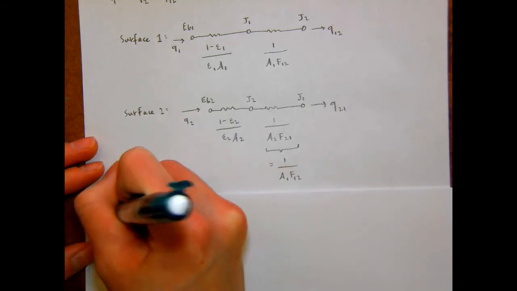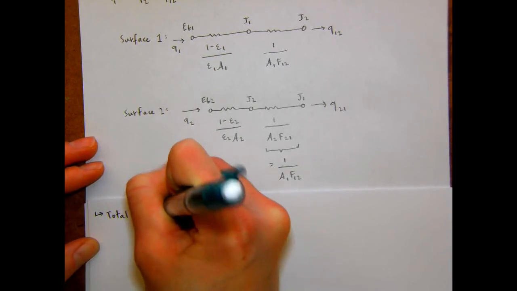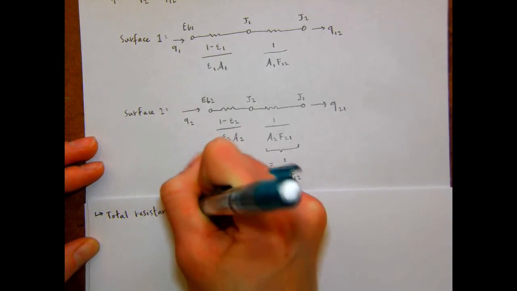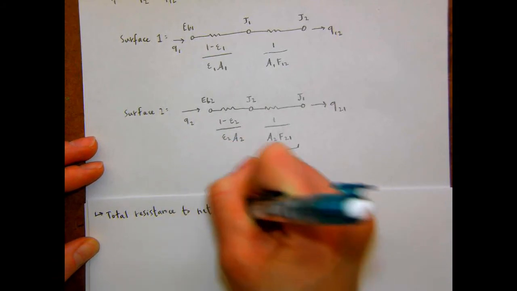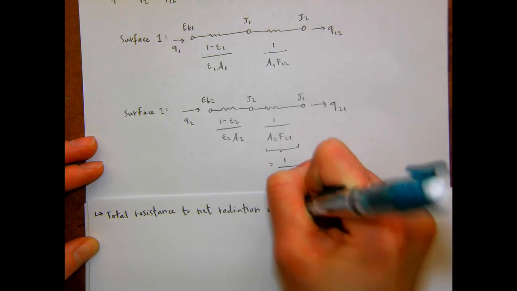So now we can say the total resistance to net radiation exchange between the two surfaces.